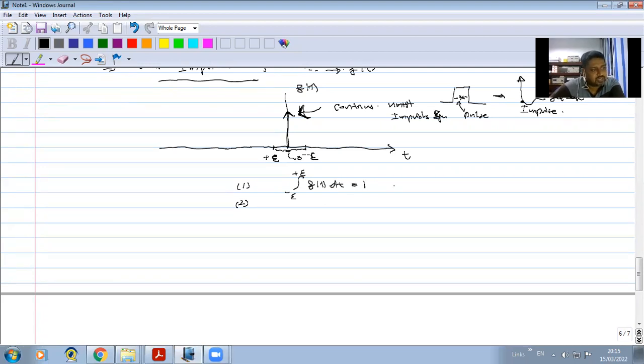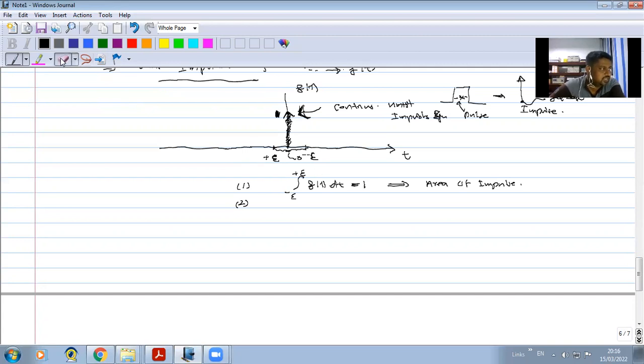So what is this actually? This is the area of the impulse. If we integrate from here to here, you will get this area, and that area is equal to 1. So the area is 1. That is one thing to remember.